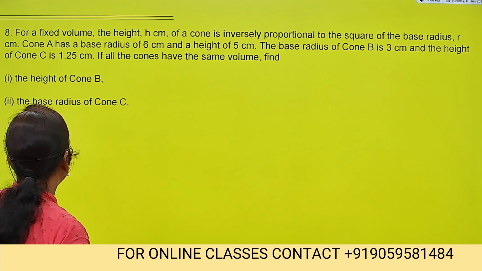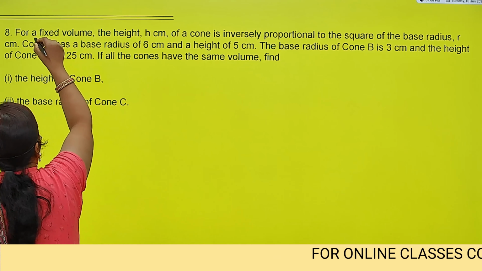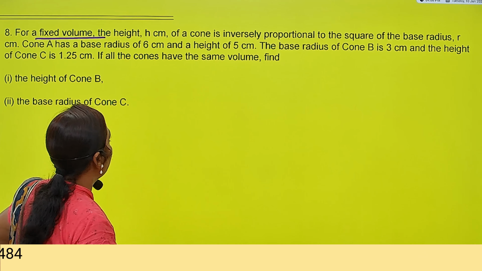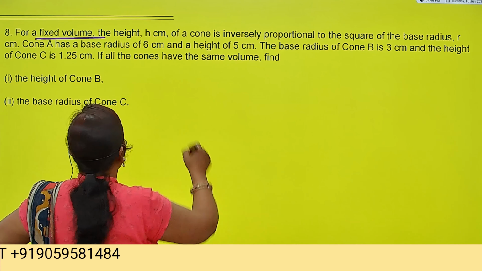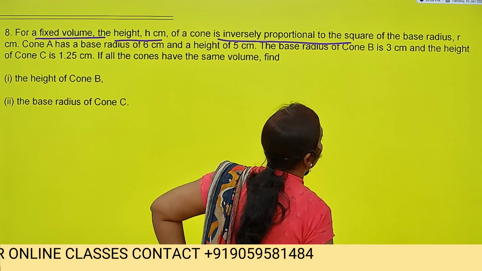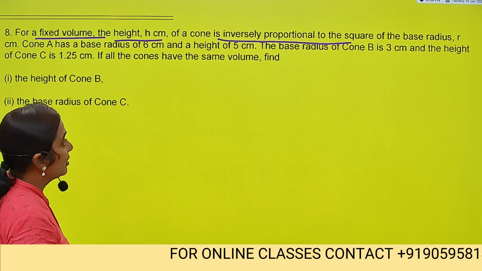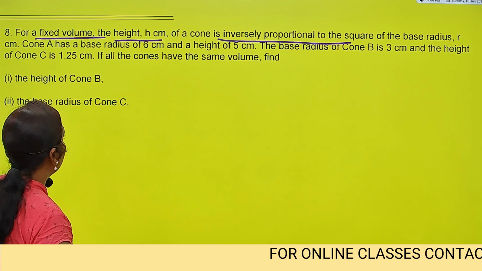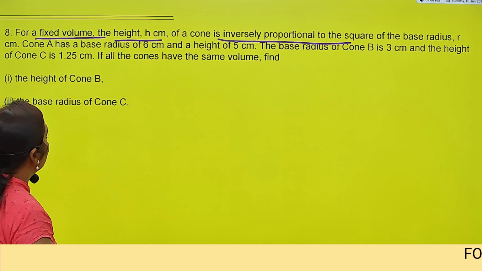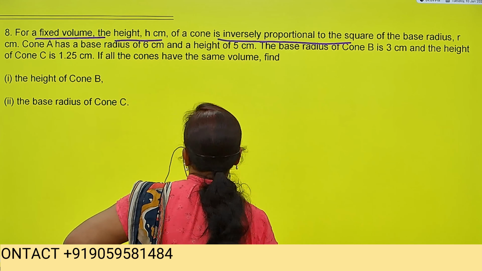Next question, the 8th one. For a fixed volume, the height h centimeters of a cone is inversely proportional to the square of the base radius r centimeters. Cone A has a base radius of 6 centimeters and height of h centimeters.